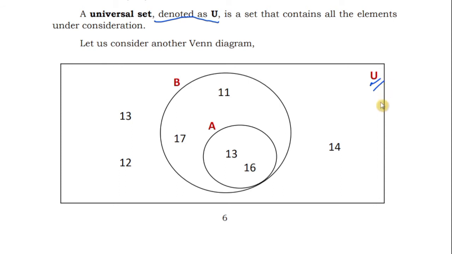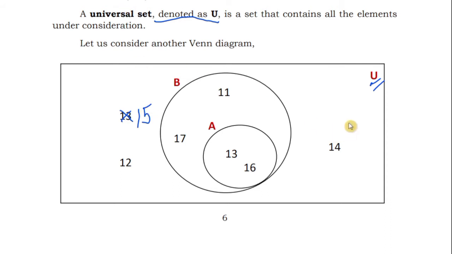You can go over the other sets on the English alphabet, but as far as we know, when you talk about the universal set, it covers all the numbers we find in the Venn diagram or in the rectangular shape, even if we have circles inside of it. So take note of that. And by the way, we have here a correction for this: this one is not 13, but this one must be 15.